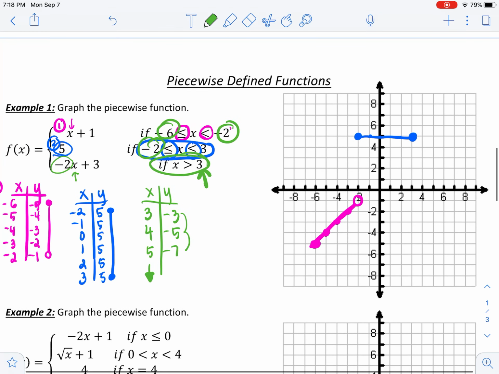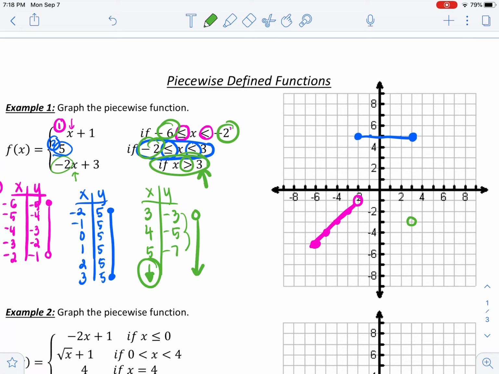Okay, so what am I graphing here? This is an open point at 3, and then realize it goes forever. That arrow right there, when I just stopped because I felt like it, tells me to go on forever. So 3, negative 3, open point. And notice it has to be open because if it wasn't open, it wouldn't pass the vertical line test. I'd have 2 closed points there.